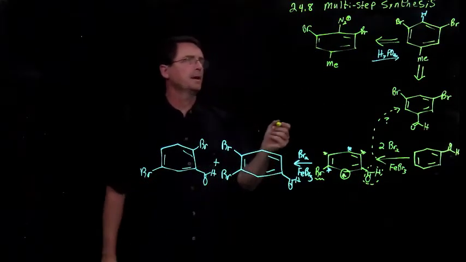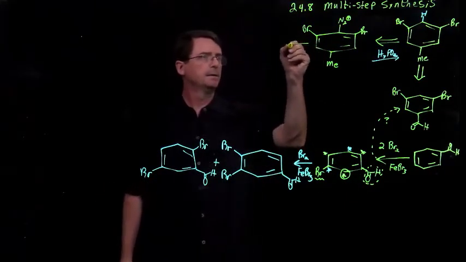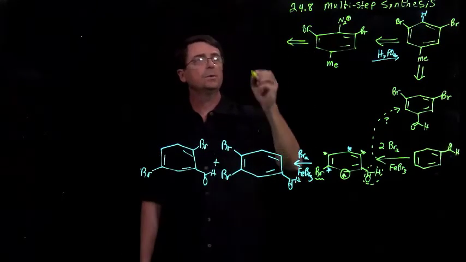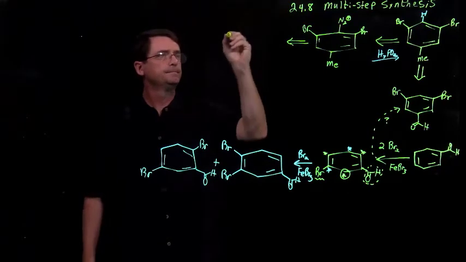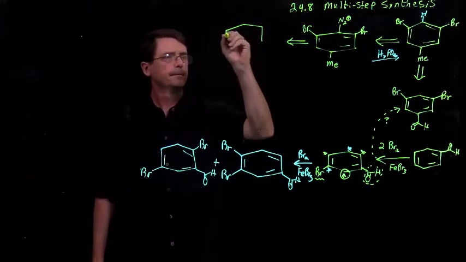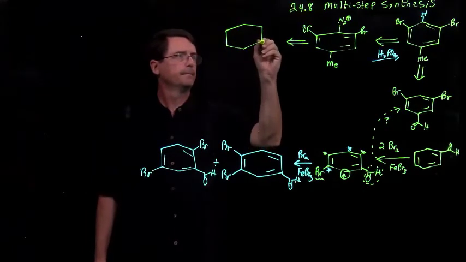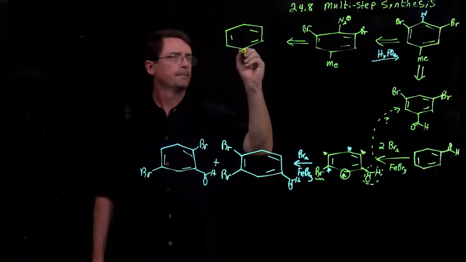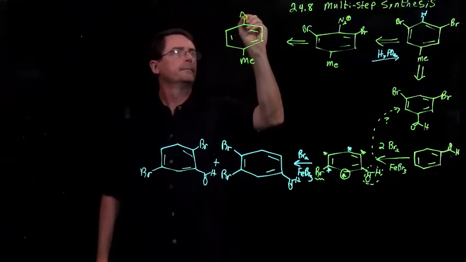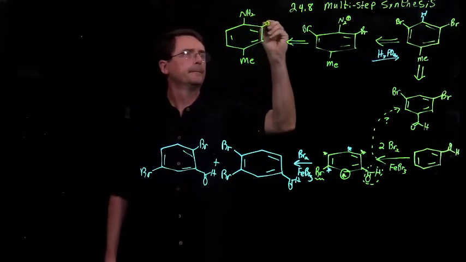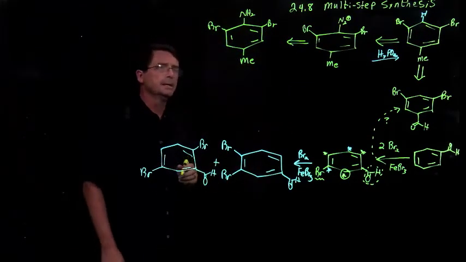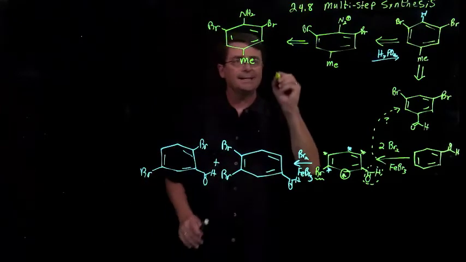Now, if we think back again, the diazonium would have come from an amine, because we know how to diazotize.